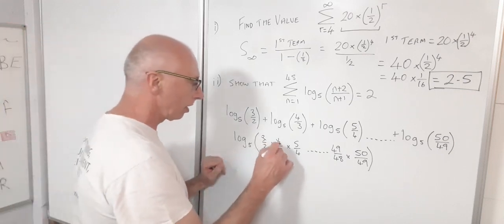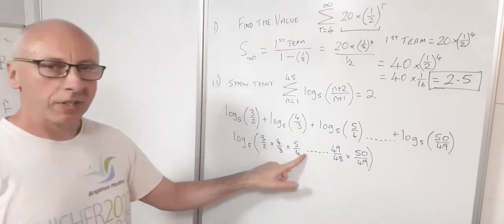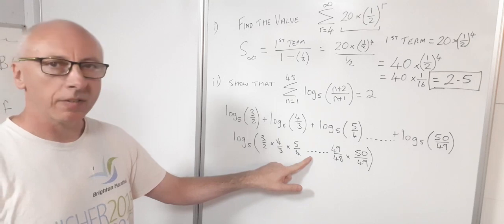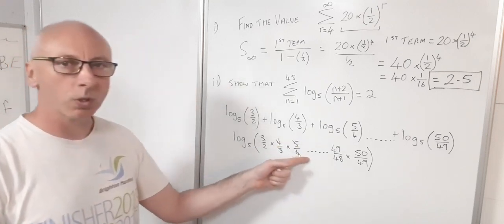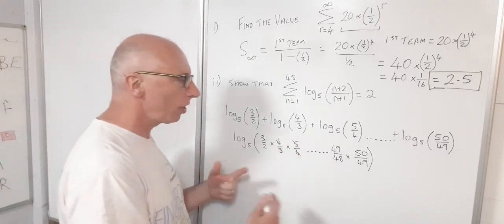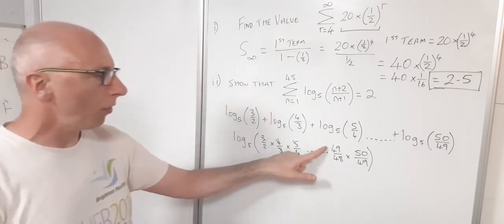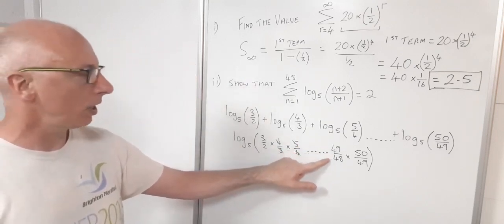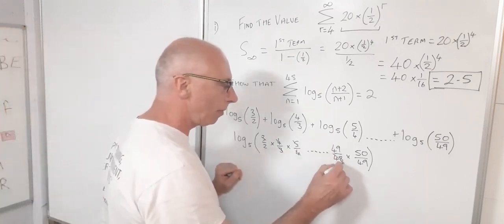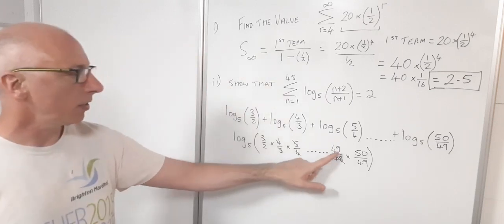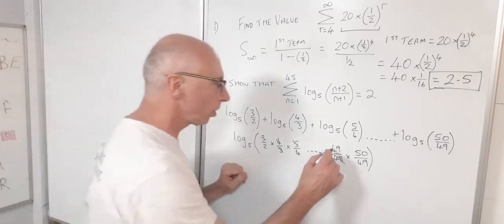That can cancel out. Now the one after this would be 6 over 5. So that 5 and that 5 there, which we've not written down, would also cancel out. And it would go on and on. And the one before here would be 48 over 47. So the 48 would cancel out with that one. Then I can see I've got 49 and 49 will also cancel.